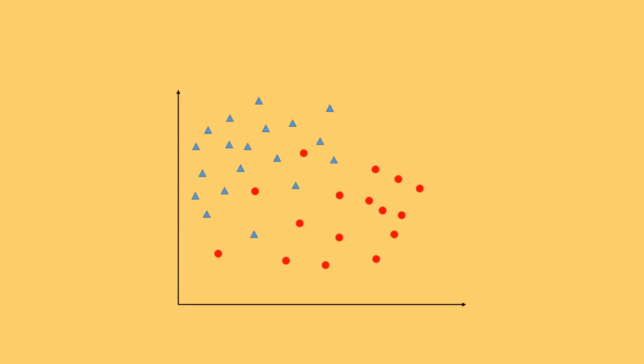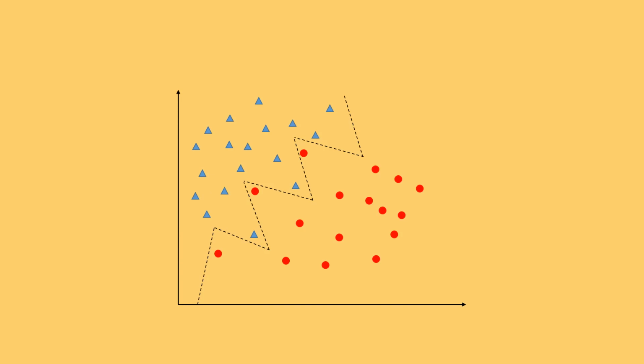Now let us imagine the data points as given in the figure. In this case, a linearly separable model cannot be made. Here you can see, when I make a straight line, some of the points are crossing the line. Let us take an example of classification of a deadly disease like cancer.